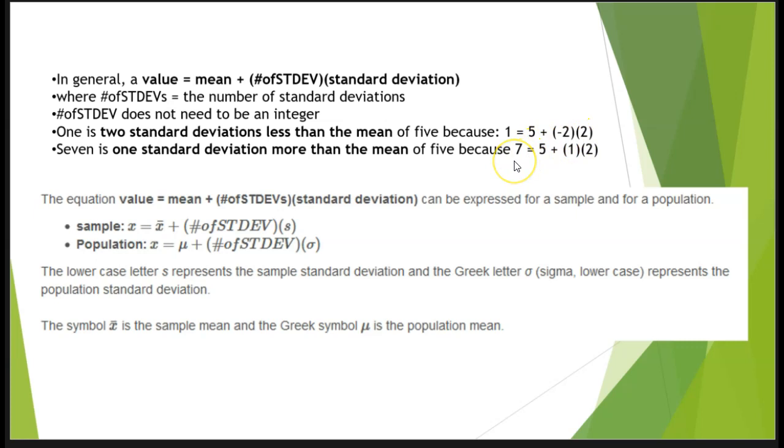Then we can do the same thing for Rosa, who waited 7 minutes, and verify that the number of standard deviations is 1 by plugging it into this equation and verifying that the mean plus the number of standard deviations times the standard deviation is in fact 7.